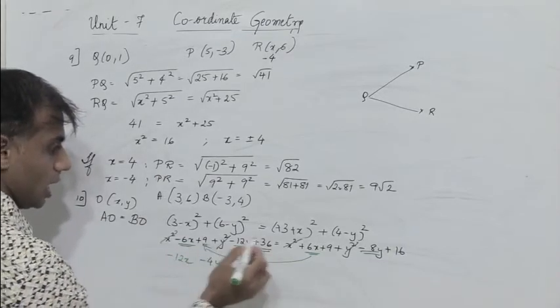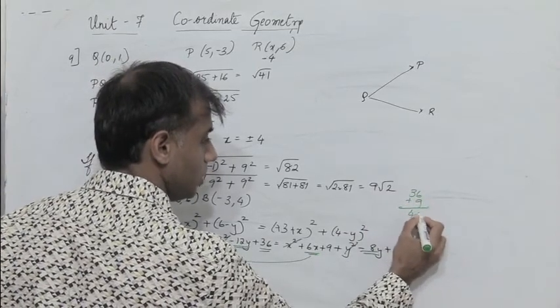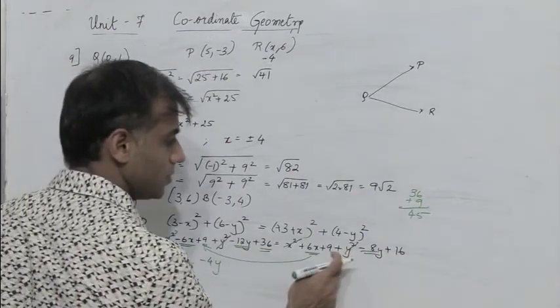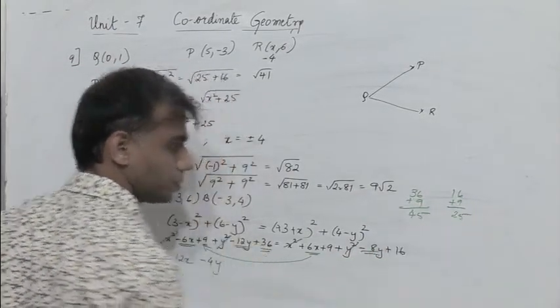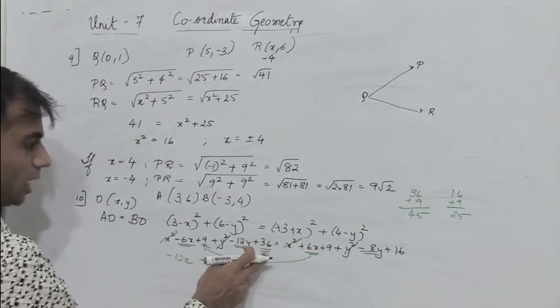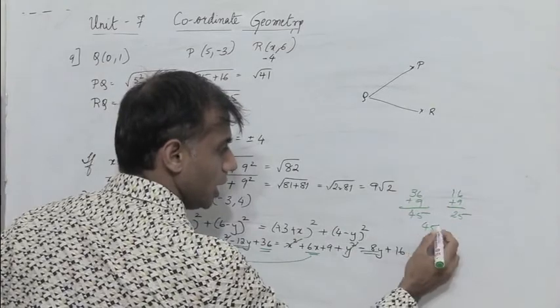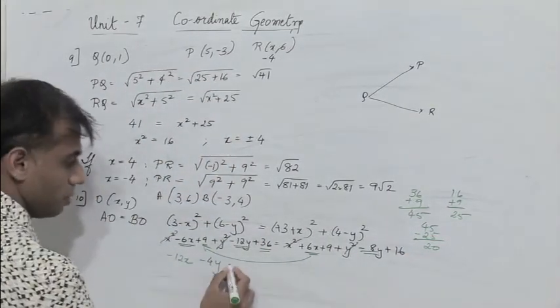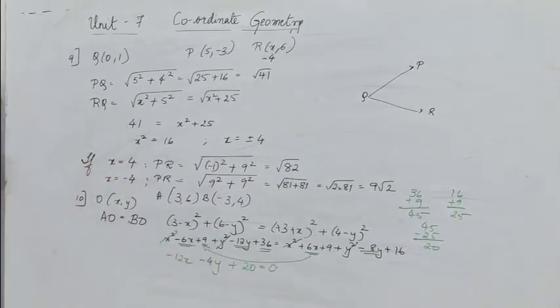Here on this side we have 36 plus 9, which is going to give me 45 on LHS. On this side we have 16 plus 9, which is going to give me 25. So we have 45 minus 25, which is going to give me 20, plus 20 equal to 0.